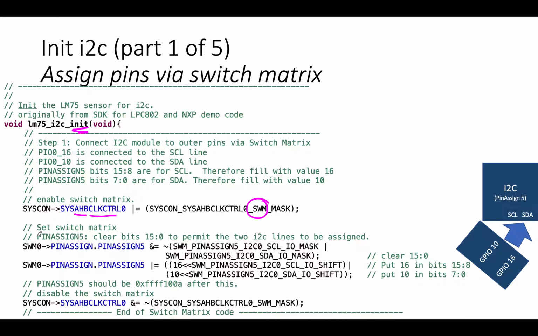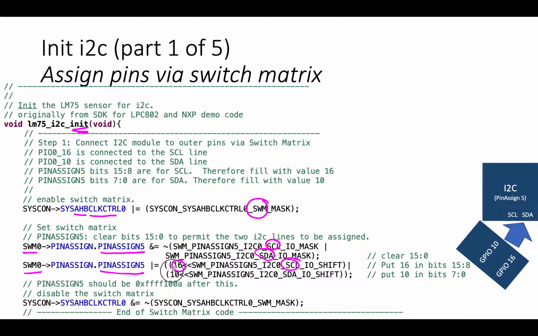After that, as we saw in the table just before, we have to look at the switch matrix, and we have to look inside of the pin assignment 5 register. Okay, and in that case we have to set up the SCL and SDA lines, and we're going to be popping in value 16 into SCL.